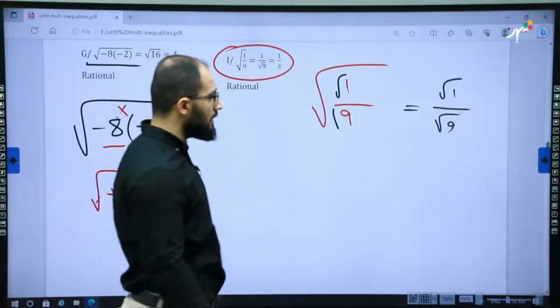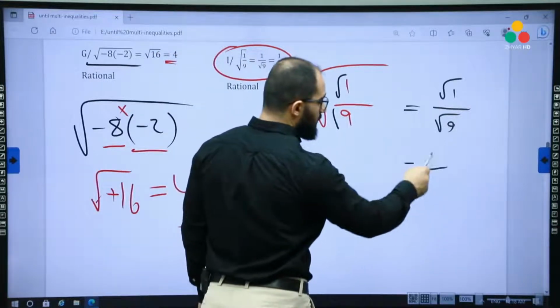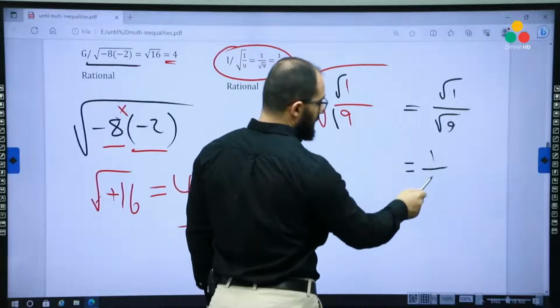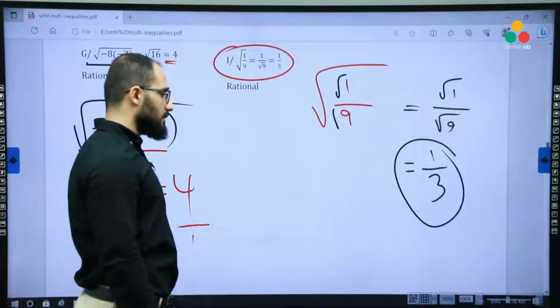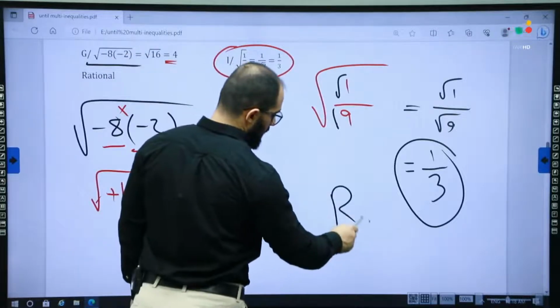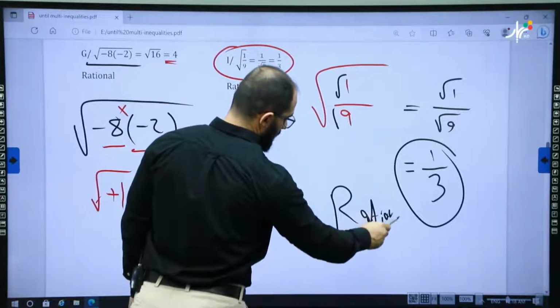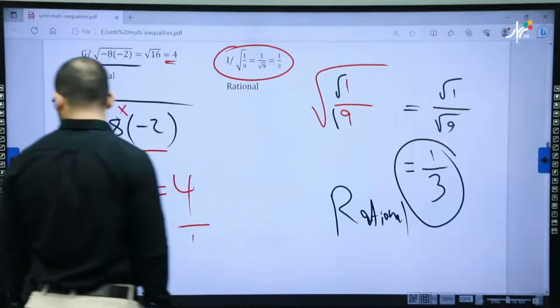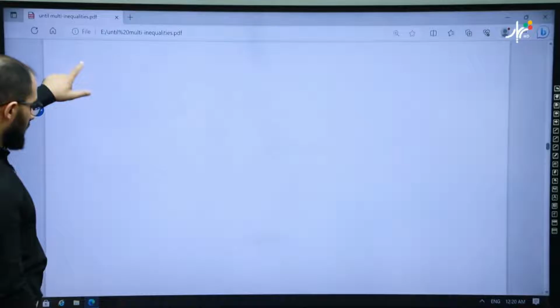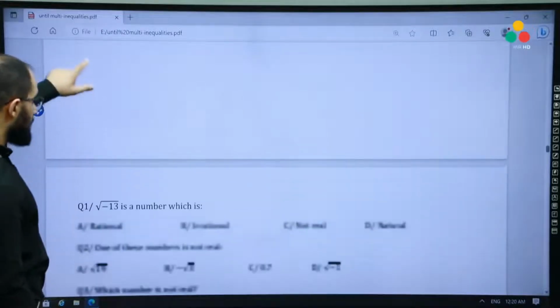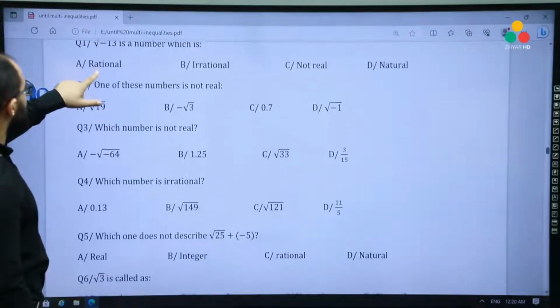It's easy to find: the square root of 1 is 1 and the square root of 9 is 3. As you see, we got 1/3, so it is a rational number.